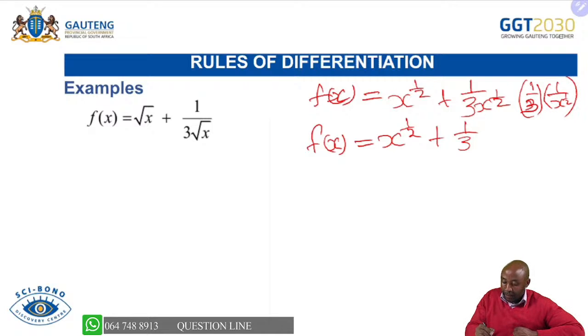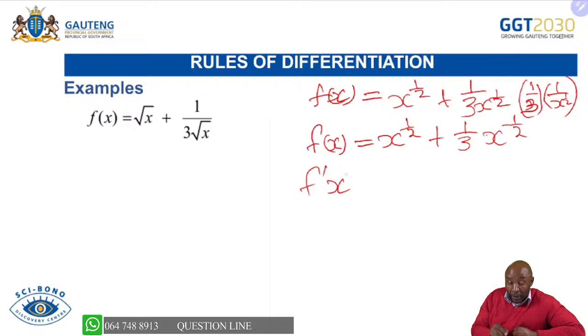These, I can write as two separate fractions. This 3 is not pinned to the x or square root x. So from there, I can now write 1 over x to the power half as a negative exponent. It becomes x to the power negative half. From there now, I'm able to evaluate my derivative.